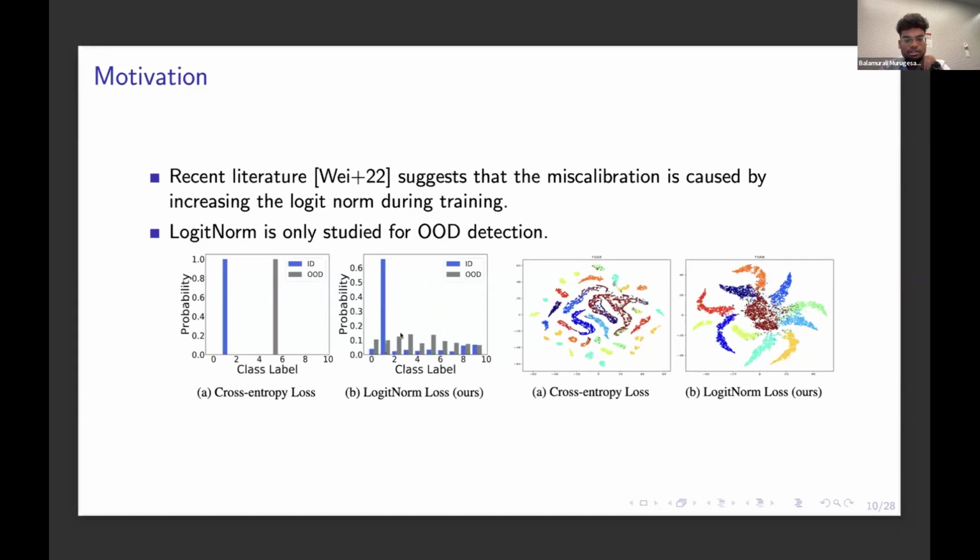By that I mean the confidence scores are uniform, which means it's very uncertain, which is a good thing for predicting the out-of-distribution samples. And this is another demonstrative figure where the brown color represents the OOD distribution. With the logit norm loss, they show that you can actually discriminate the data, whereas in cross entropy it is difficult to discriminate the OOD samples.